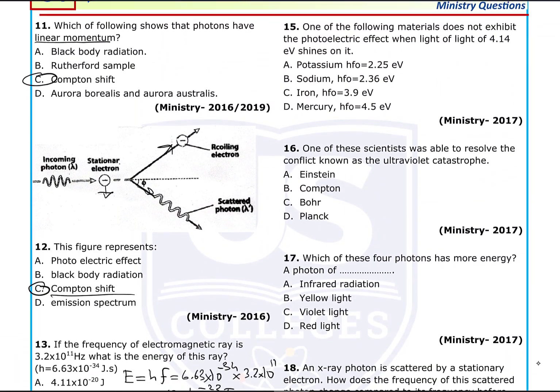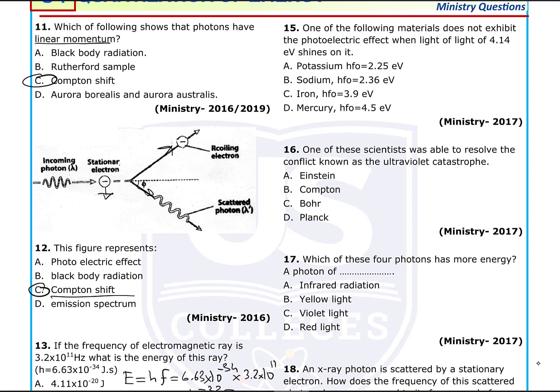Question number 15. One of the following materials does not exhibit the photoelectric effect when light of 4.14 electron volt shines on it. We know that if the energy of the photon is less than the work function, there will be no photoelectric effect. Or we can say it like this: if the work function is greater than the energy of the photon, in this case you cannot observe the photoelectric effect.